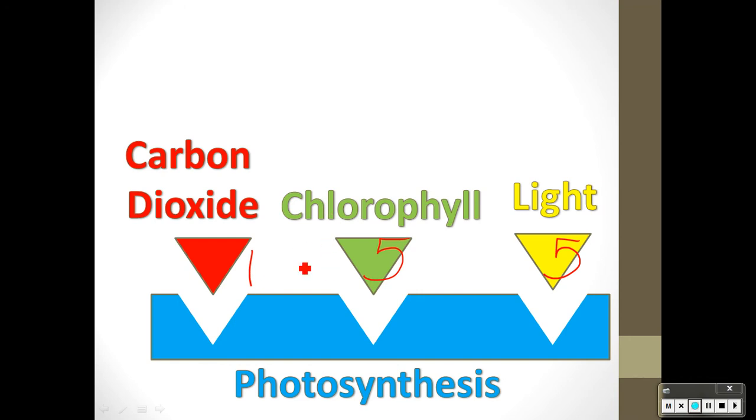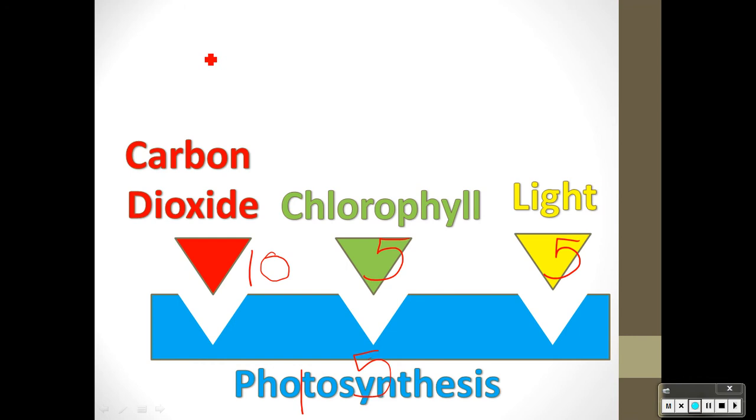Then all we can get out of this is 1 photosynthesis, because there's only 1 carbon dioxide. But if I have 10 carbon dioxide, 5 chlorophyll, and 5 light, then all we can get is 5 photosynthesis, because these are the limiting factor.